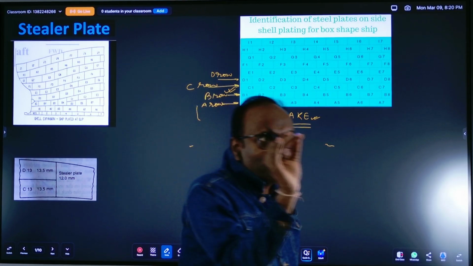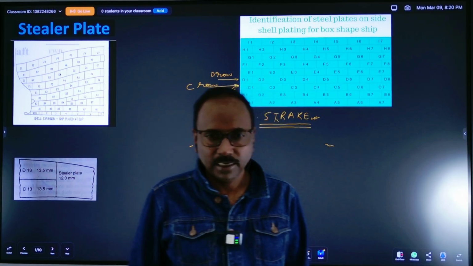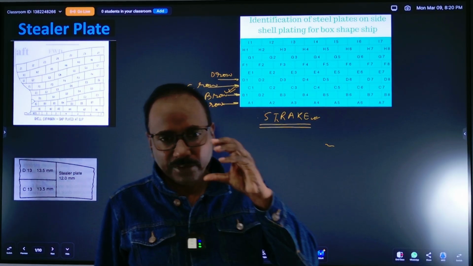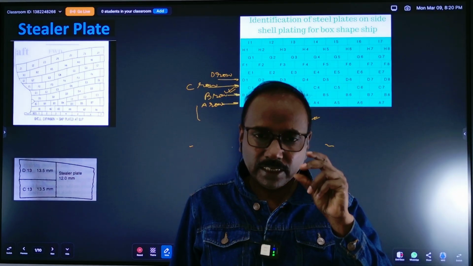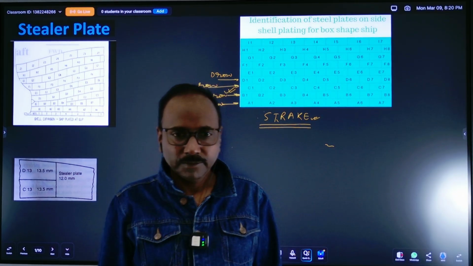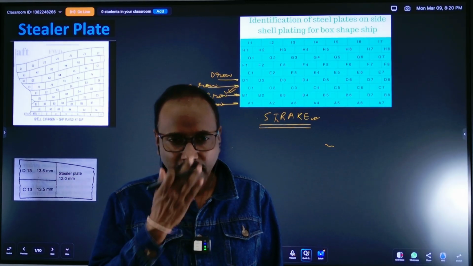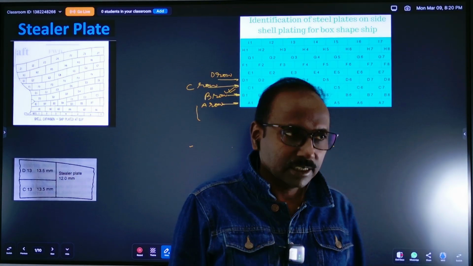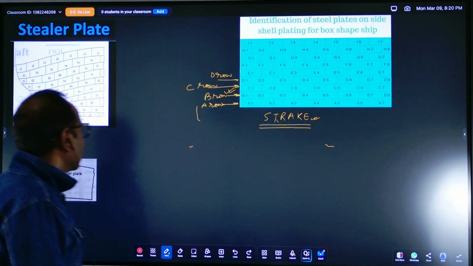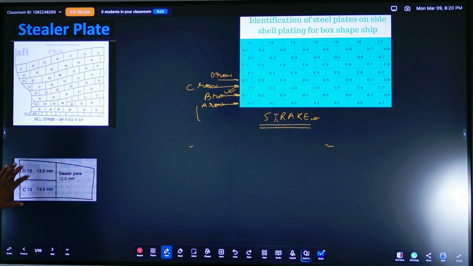And these two plates are welded at the end. So it will be a very, very small area which is being joined together by welding. So how to avoid that? You can understand here by a simple diagram.